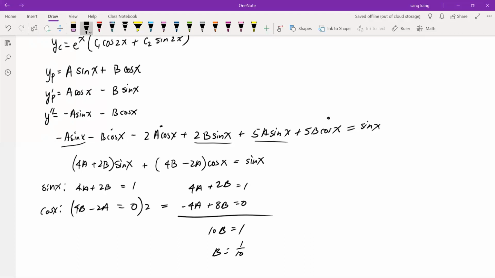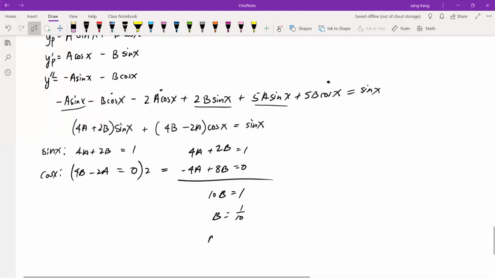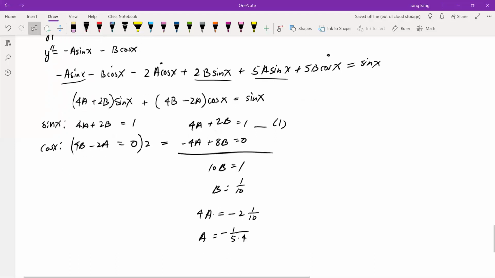And then a should equal, plug into number 1. 4a equals 1 minus 2 times b. So a equals negative 1 divided by 4. This equals negative 1/20.